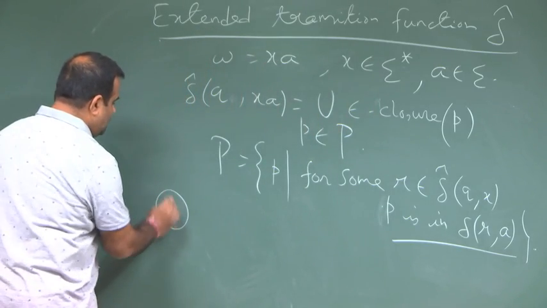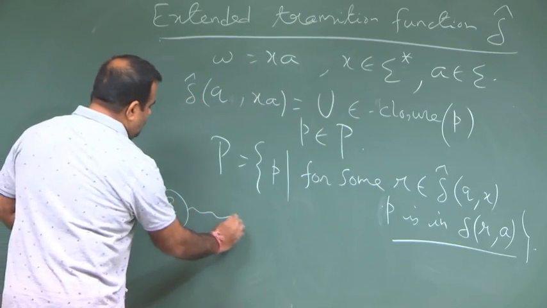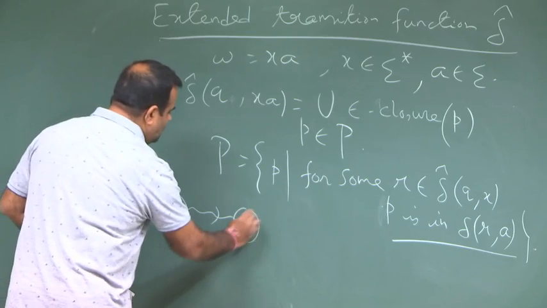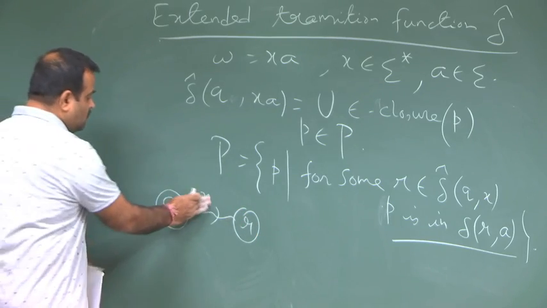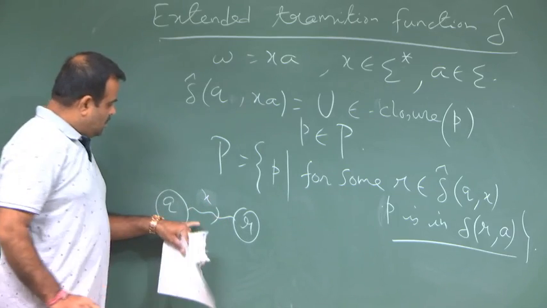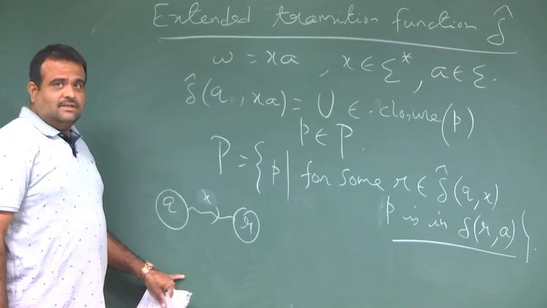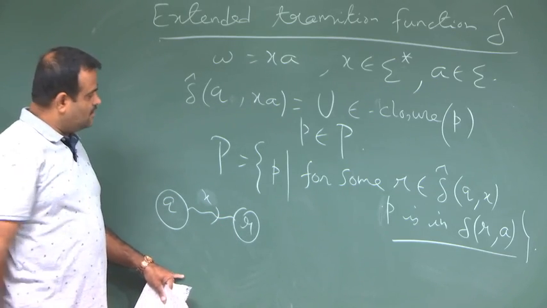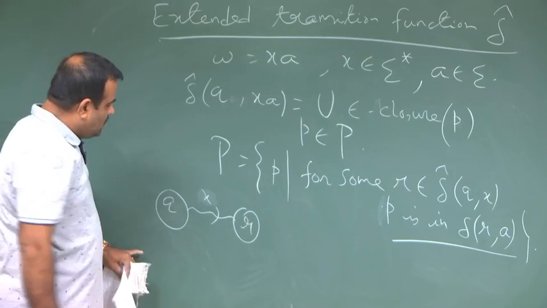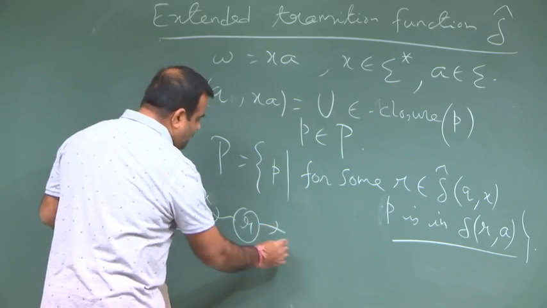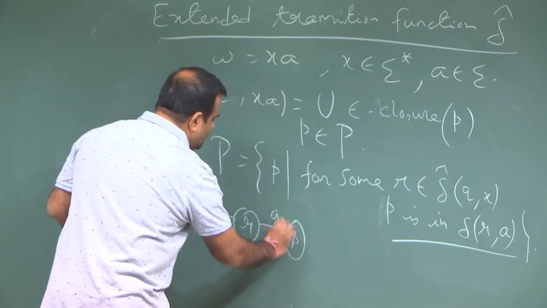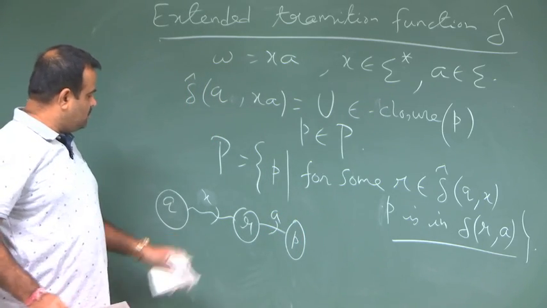Meaning, we are at q. Now we go to some r with x. This includes the epsilon moves. There are many such r's, but at least one r. So it contains all such p's, and from here we have many p's. This is one of the p's, because this is an NFA.